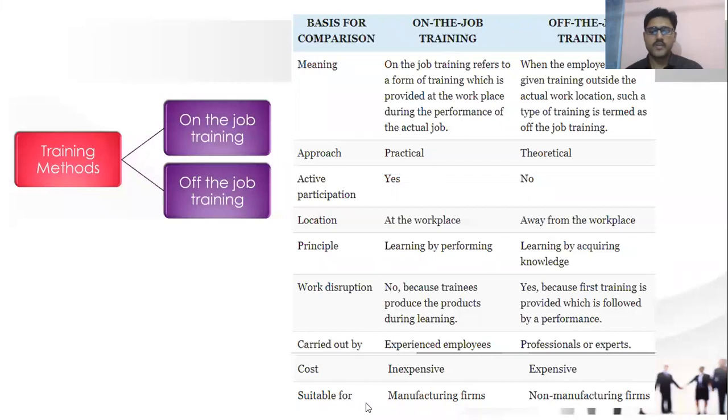And basically, on-the-job training is suitable for manufacturing firms, and off-the-job training is suitable for non-manufacturing firms. I hope you have understood it.